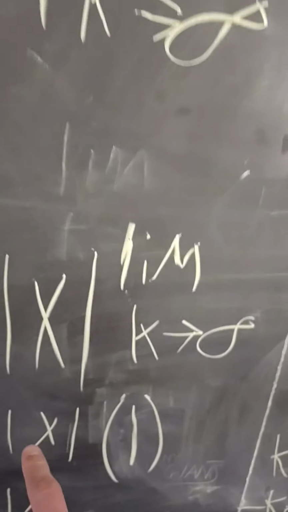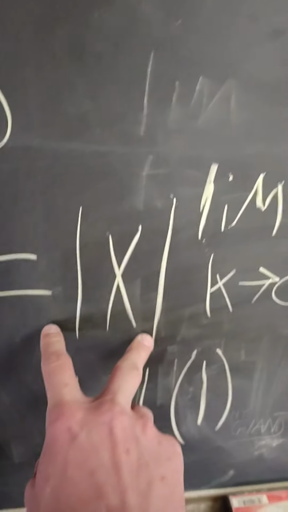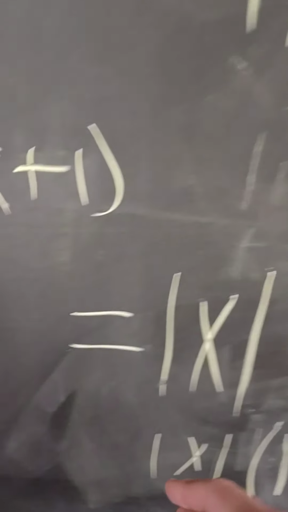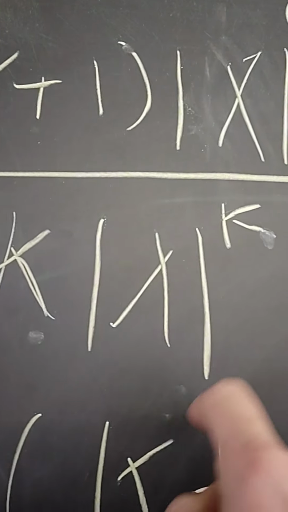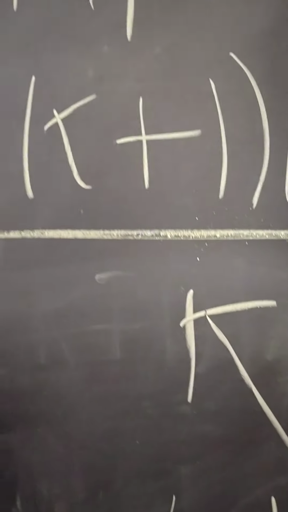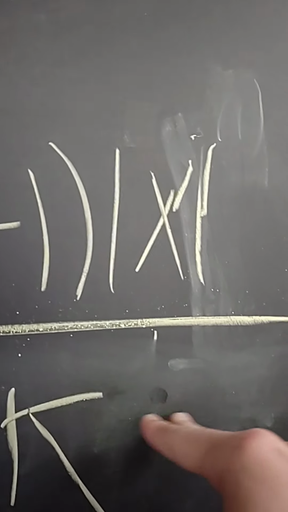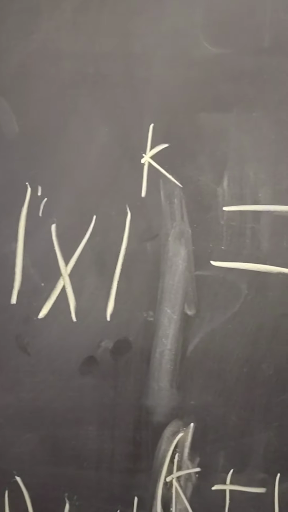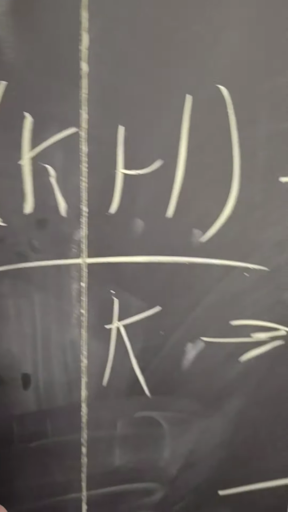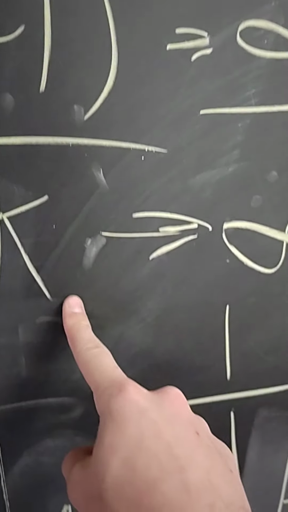And then we go up here, the limit as k approaches infinity of k plus 1 times the absolute value of x to the k plus 1 over k times the absolute value of x to the k. Down here, one of the k's cancels, so we just have k plus 1 times the absolute value of x over k. Then we have the limit as k approaches infinity of k plus 1 over k.